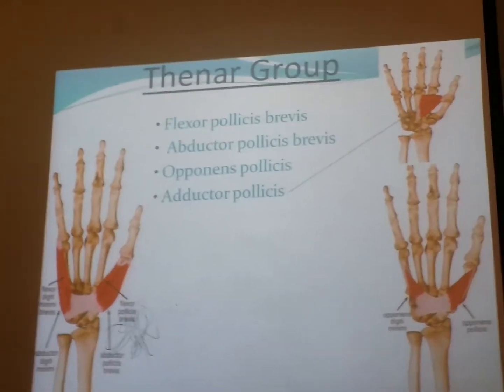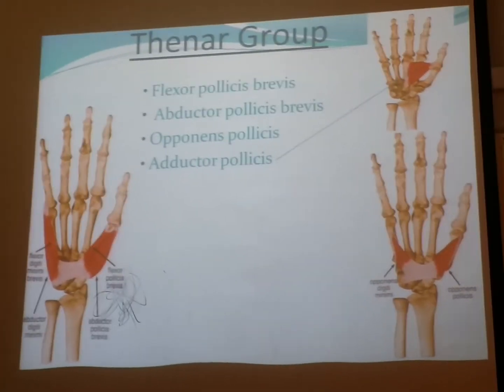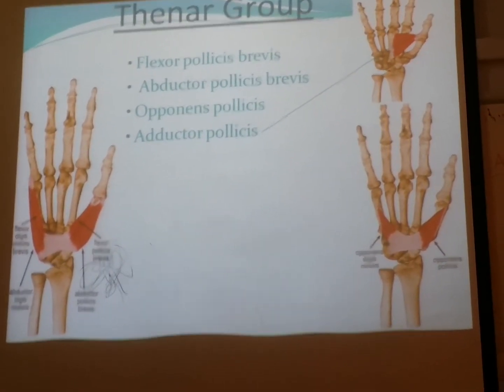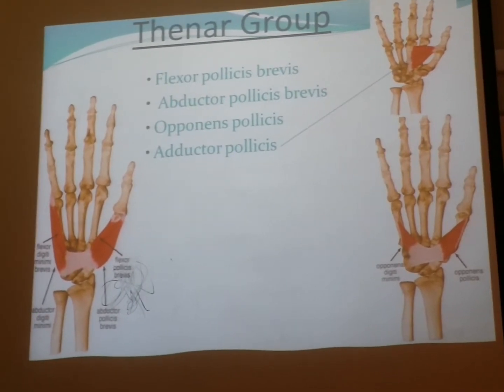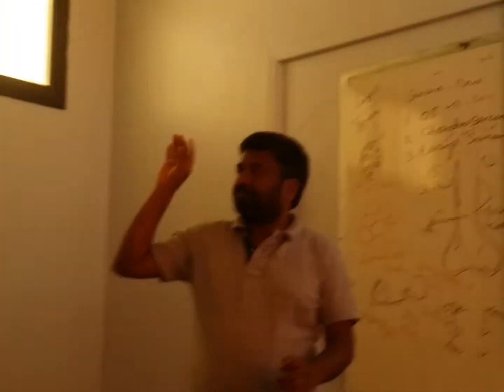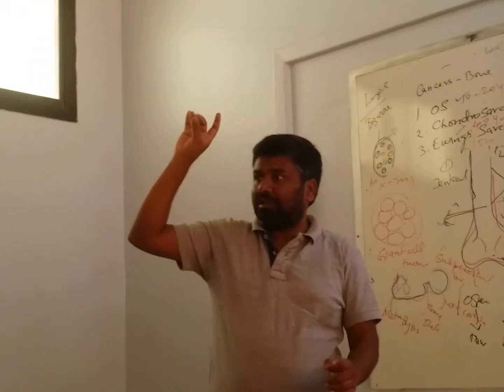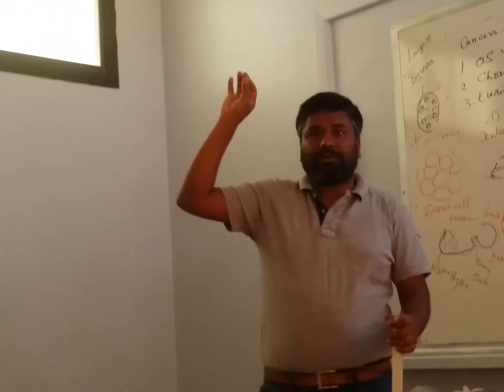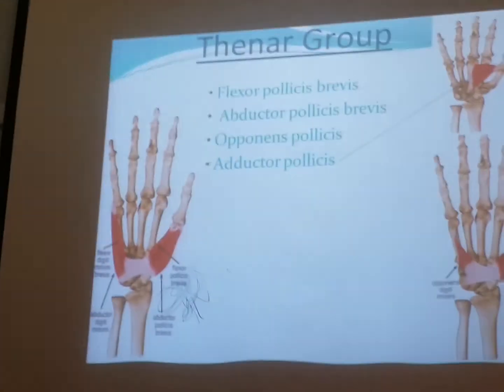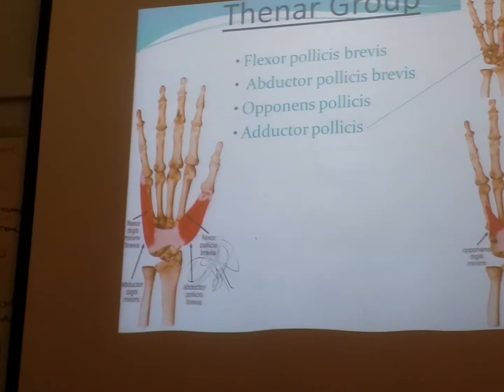Next is opponens pollicis, which helps in your opposition movement, getting the thumb to the tips of all the fingers, like this action. This is opposition, right? This action is done by the opponens pollicis. And the last is the adductor pollicis. This is the only adductor.